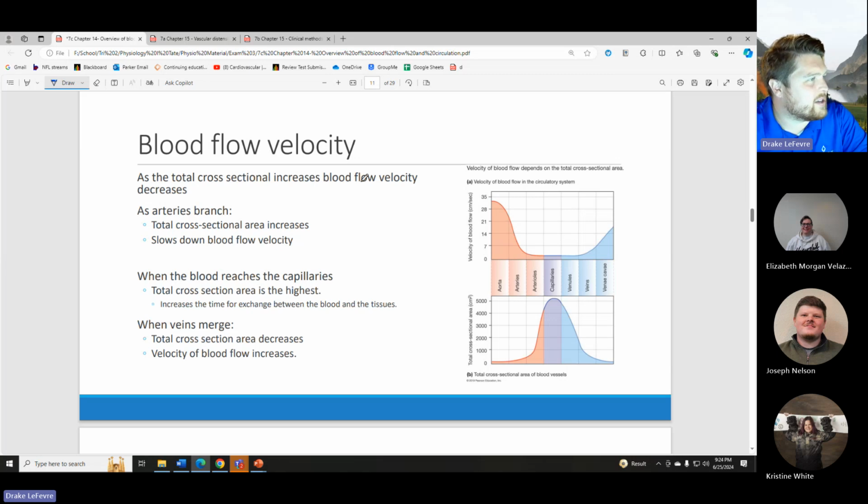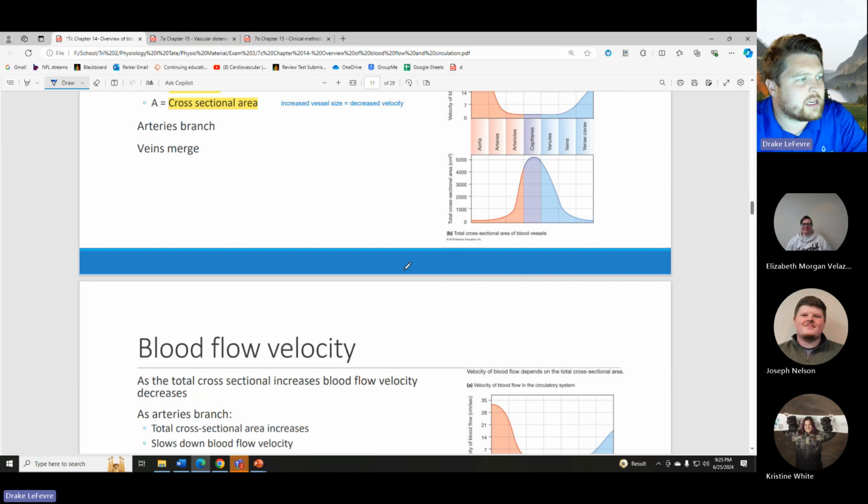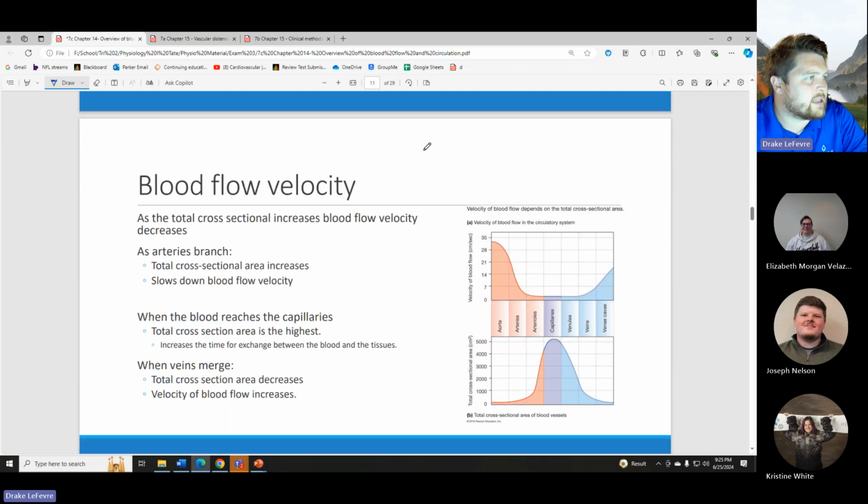As the total cross-section increases, blood flow velocity decreases. As arteries branch, total cross-sectional area increases. Another important thing to note, it's not just the dilation of single vessels, but let's say we have this coming down here, and then it branches into two, and then this branches into more, and then that branches into more.